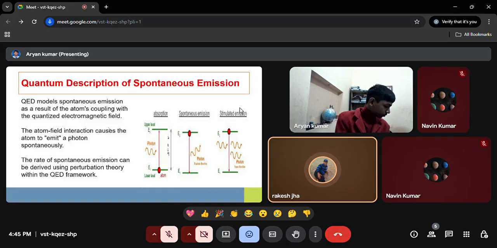Aryan, perturbation theory is fundamental to quantum electrodynamics, using small corrections to a simpler solvable system to approximate complex interactions, treating the electromagnetic coupling as a small expansion parameter.